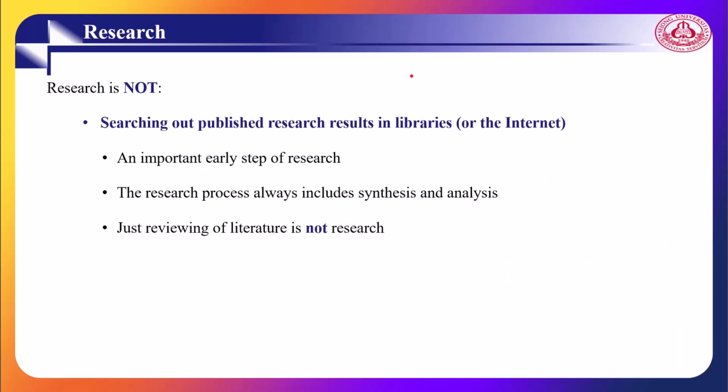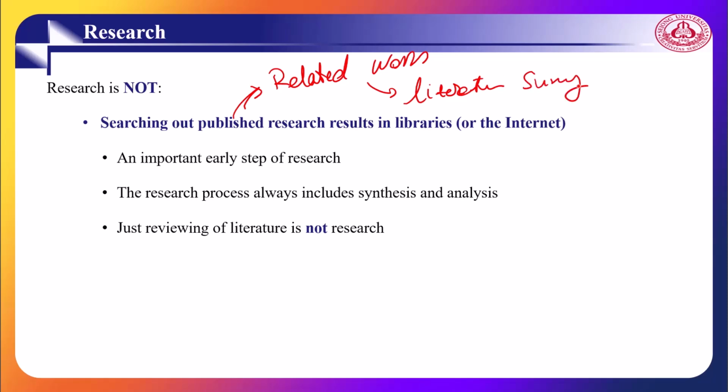Okay, here, searching out published research results in libraries. We call this the related work, or we call it a literature survey. Literature survey is also a part of the research process, but it's not research itself.